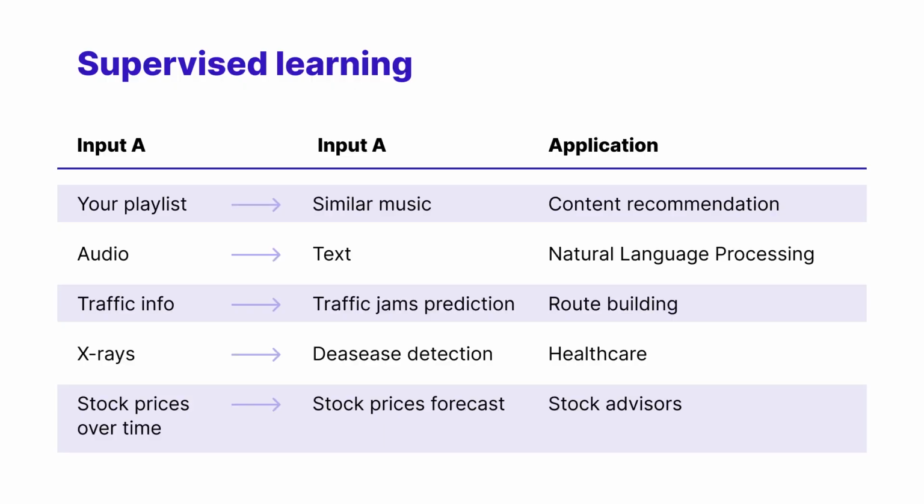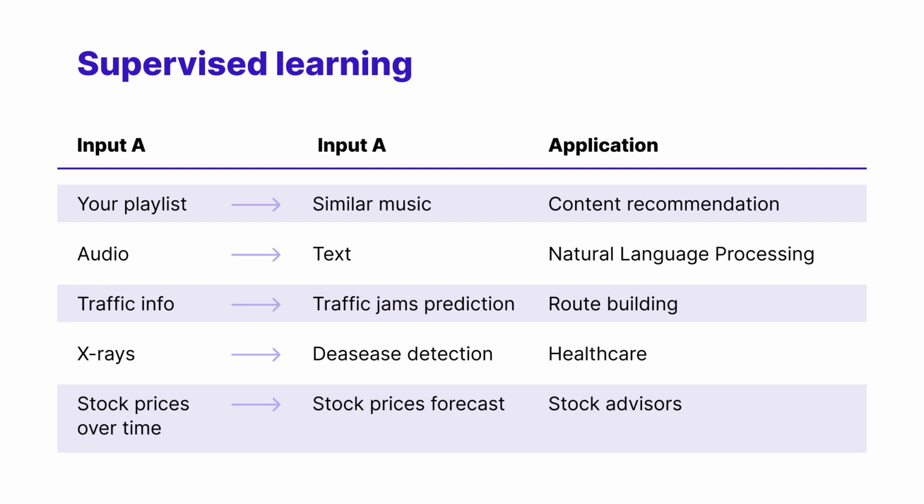This learning model maps input A to output B. For example, it maps your playlist, different types of music, to the output B, which will be similar music. Or you can input audio as the data and get an output as text.